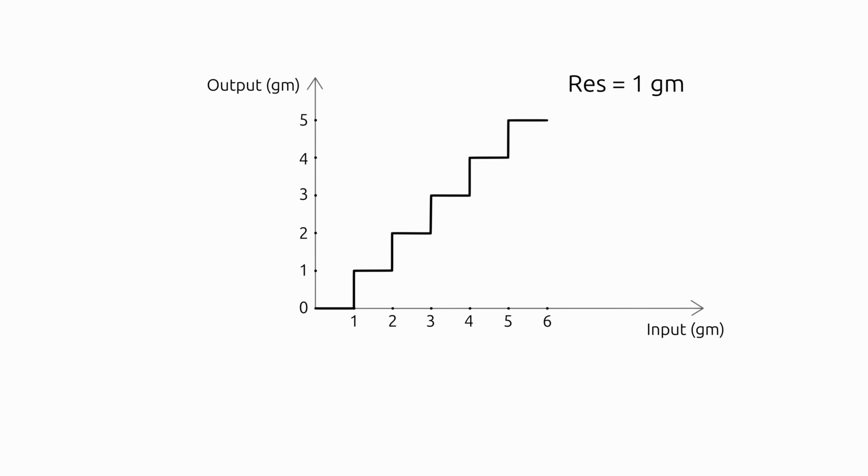Instead, if the resolution is 0.1 gram, again the instrument reading will be 0 until it crosses a threshold of 0.1 gram. It will output 0.1 gram until the threshold crosses 0.2 gram and so on. Even the threshold values might not be exact, like it could be 0.11 gram, 0.21 gram, 0.31 gram and so on.